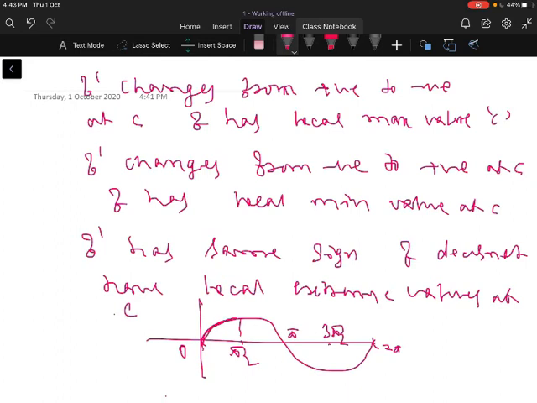So at x equal to pi by 2, the function has local maximum value. Therefore pi by 2 is the critical point. So 1 is the local maximum value.